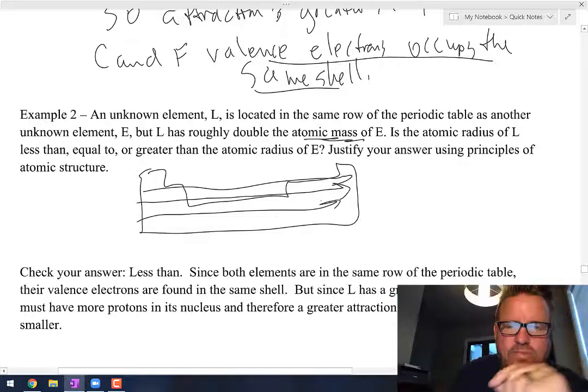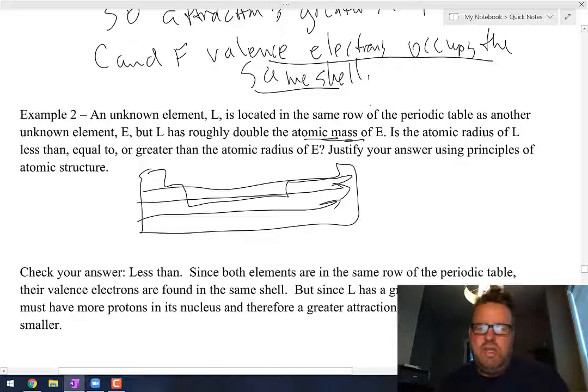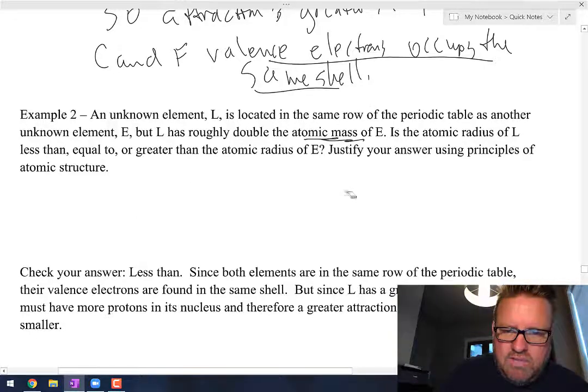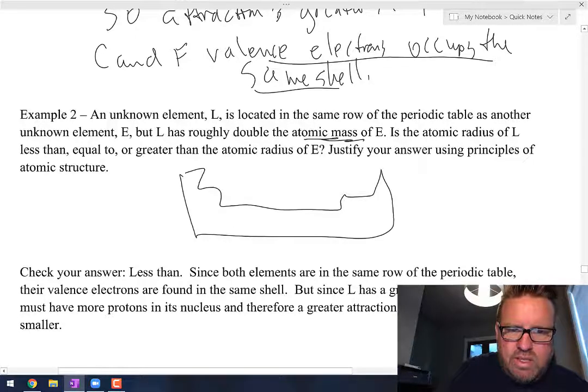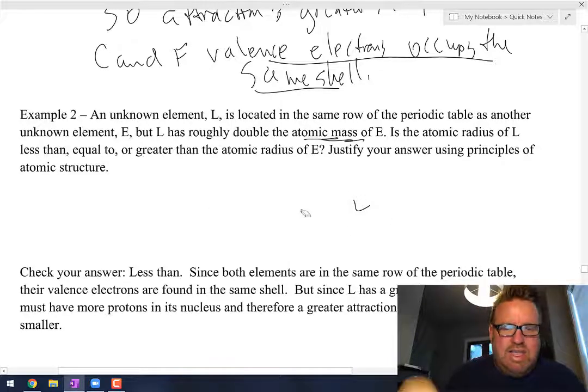And if L has double the atomic mass of E, that also means its atomic number is bigger. And if its atomic number is bigger, then where is it on the periodic table? Well, if E is here, then L has to be over here. L has to be farther to the right than E. That's what they're trying to get at there.